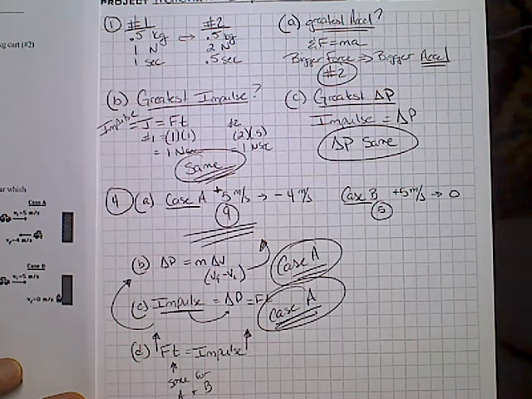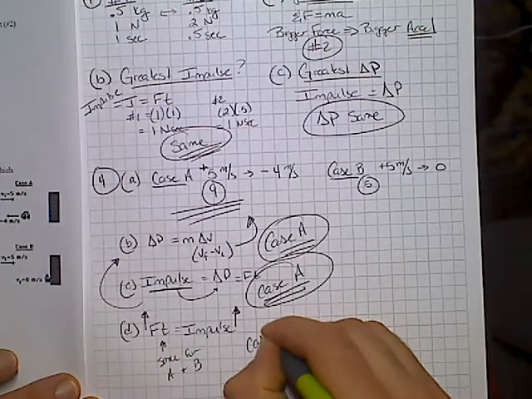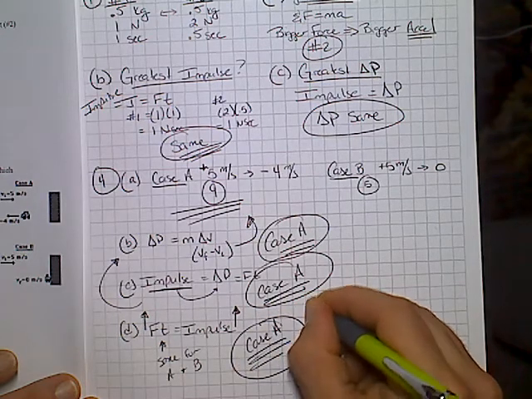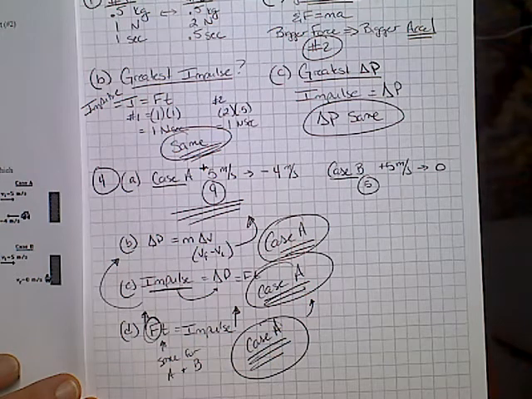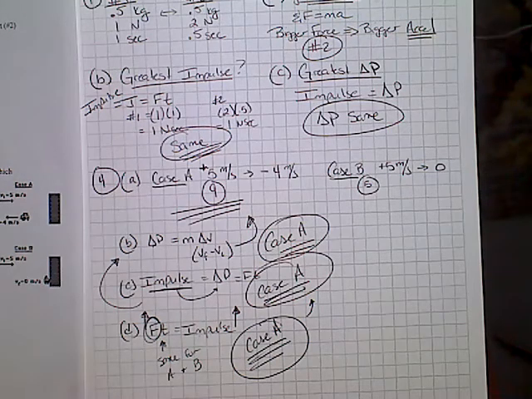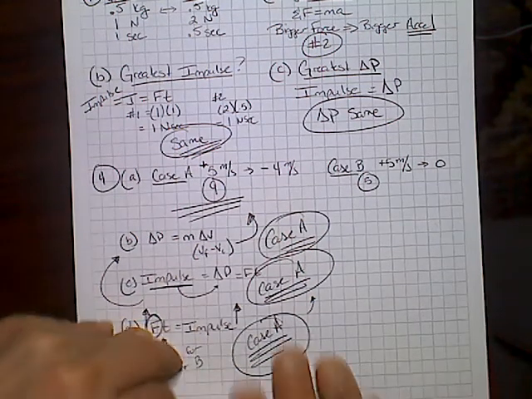So if case A has a bigger impulse, we talked about that, it also has to have a bigger force, because they are directly proportional. You increase one, the other has to go up. There are no ifs, ands, or buts about it. All right, let's keep moving on.